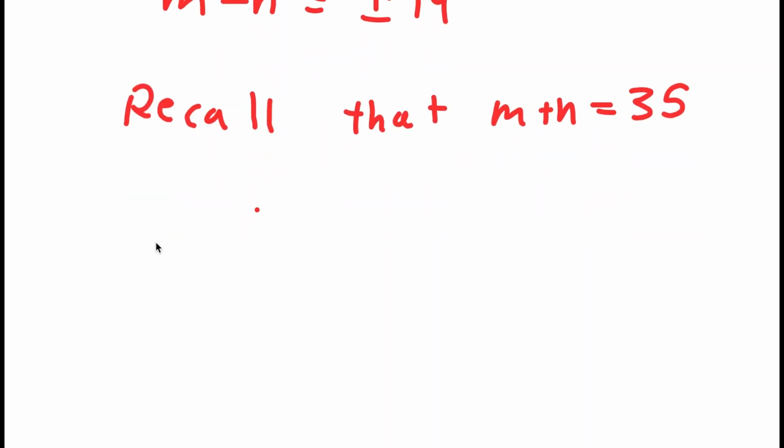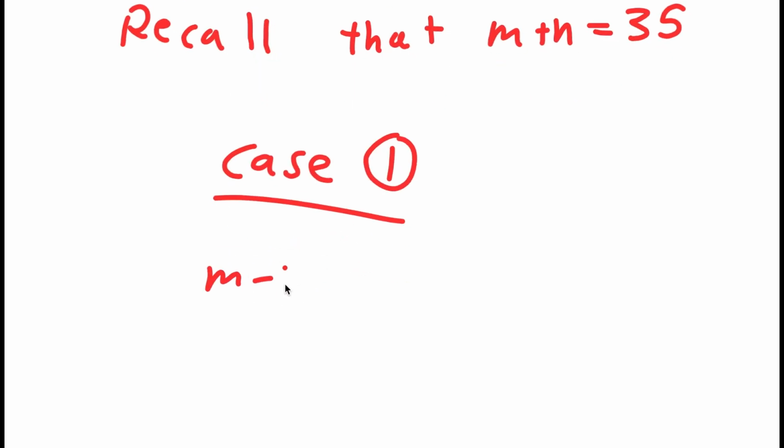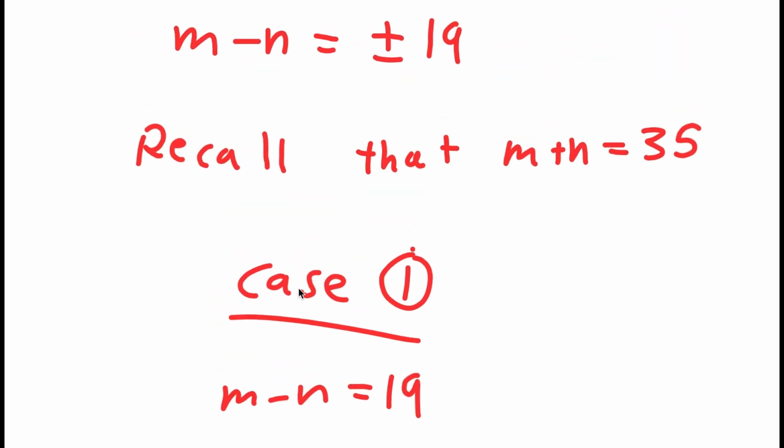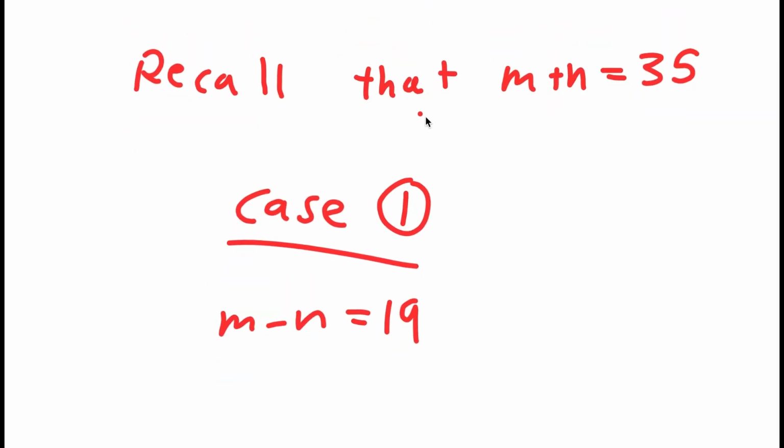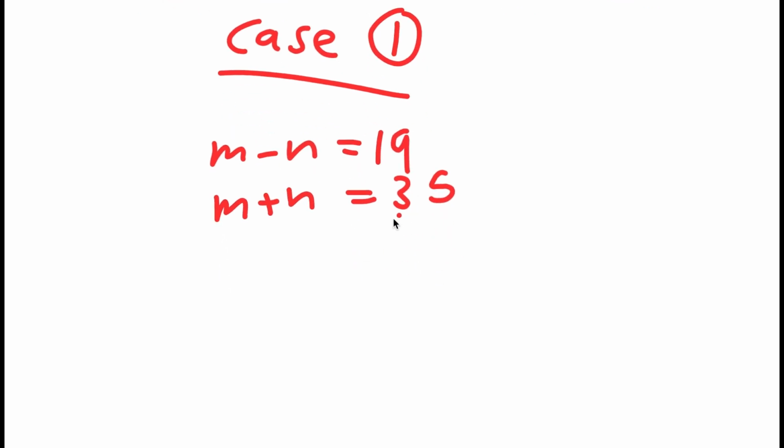So we have two cases here. For case 1, we have that m minus n is equal to positive 19. And case 2 is m minus n equals negative 19. We'll deal with that later. So when m minus n equals positive 19, and m plus n is equal to 35, I'm going to add these two equations.